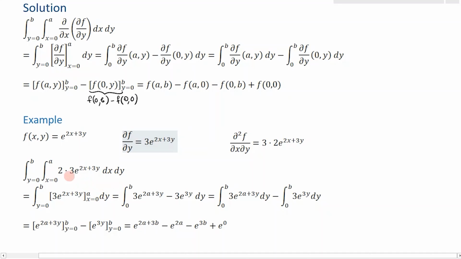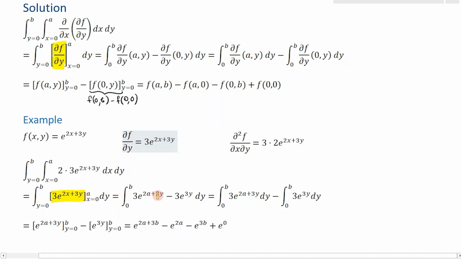First thing that happens is we integrate with respect to x, and then we get this in the integrand. This is the partial derivative of f with respect to y. Let's check that this is the case. This is the partial derivative of f with respect to y, so everything matches up so far.